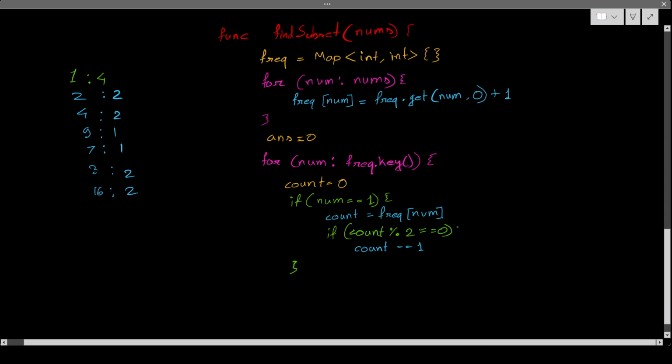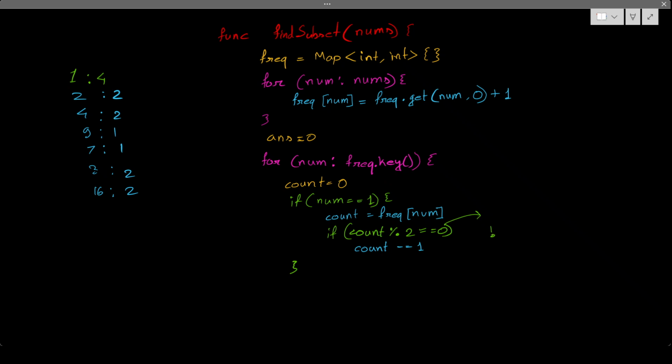Okay, there is another way of writing this condition. I can use not count and 1. This is the shorthand. Whenever you do x and 1, it is a bitwise AND. If x is an odd number, it gives us 1; if x is an even number, it gives us 0.